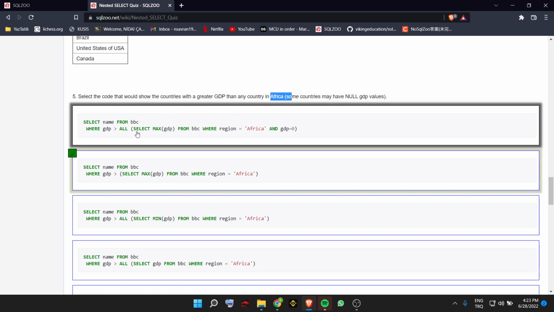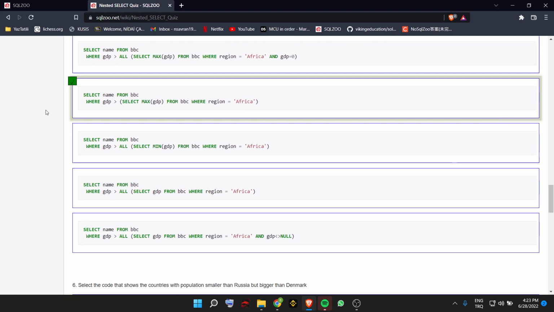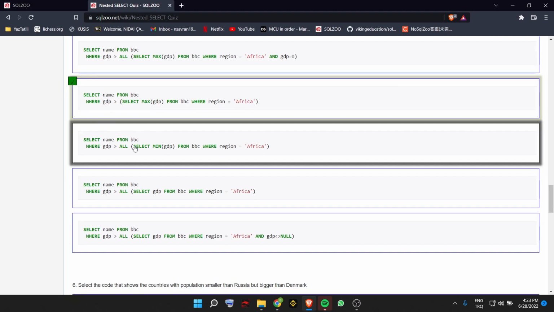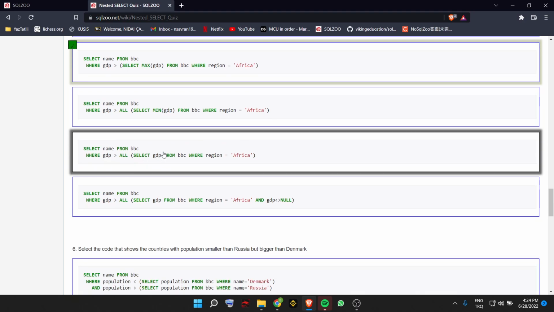So first we should pick the max GDP, but GDP equals 0 doesn't make sense, so A cannot be the answer. B seems true. C is not the answer because it says mean. D is not the answer because it selects all the GDP and it doesn't deal with the null values.